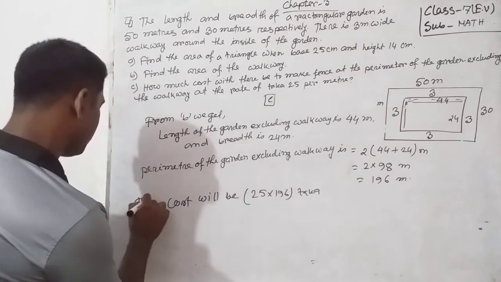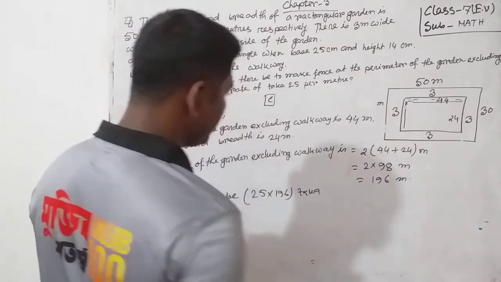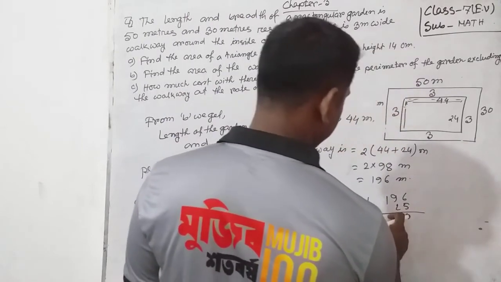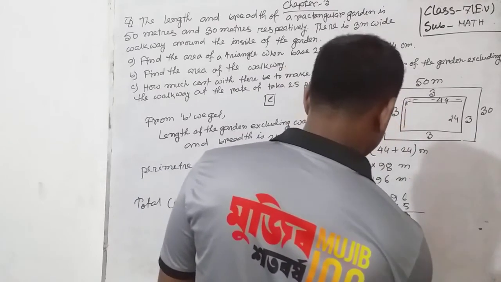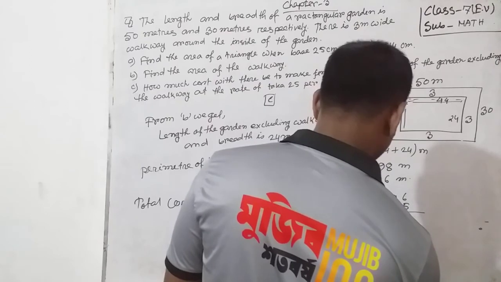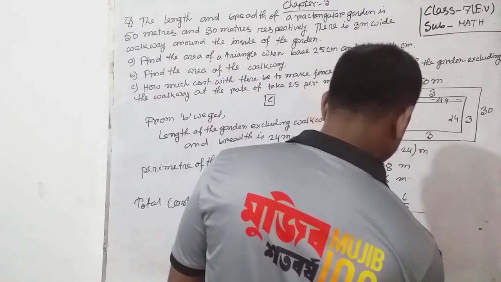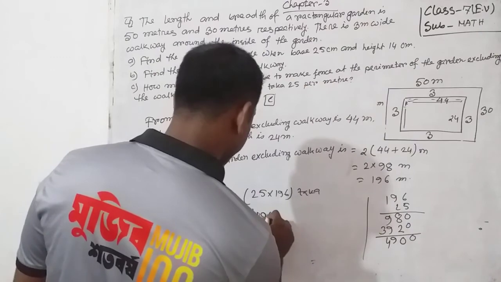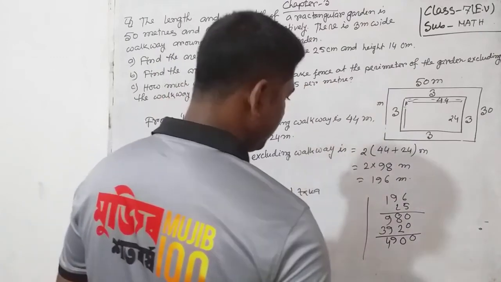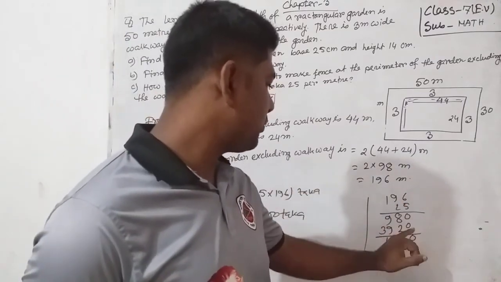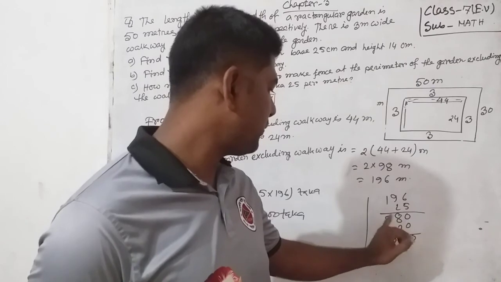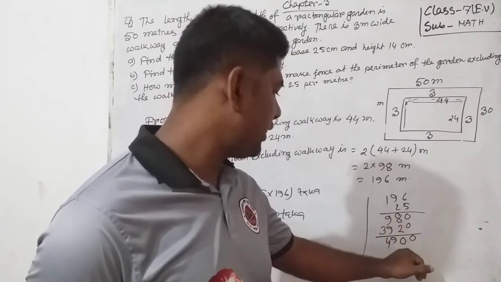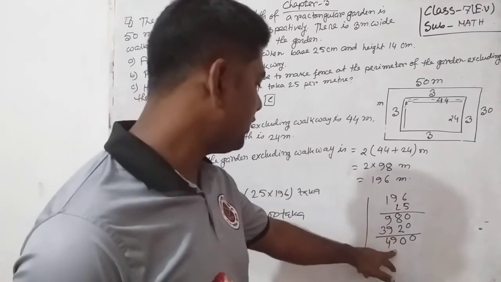We can write total cost will be 25 into 196, so we multiply.